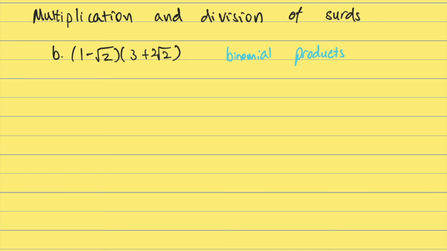So it's basically a plus b times c plus d equals ac plus ad plus bc plus bd. So we multiply the terms inside the brackets together.